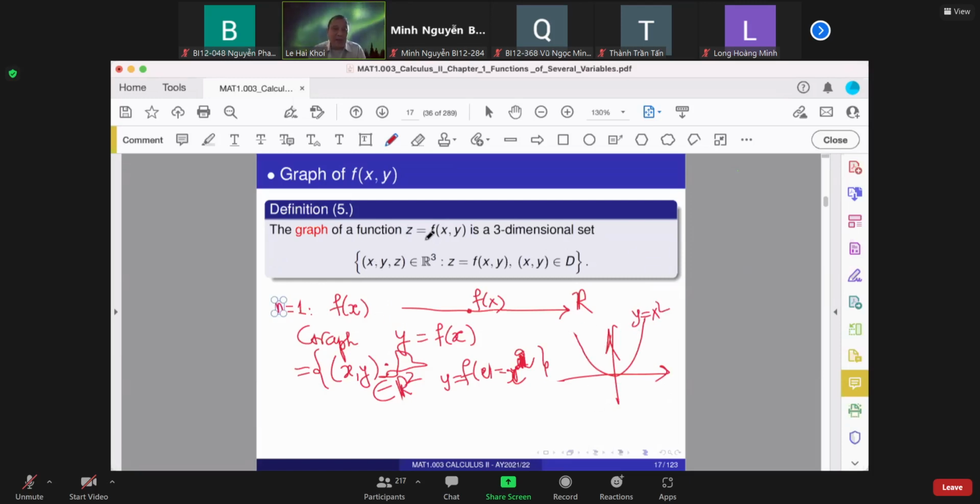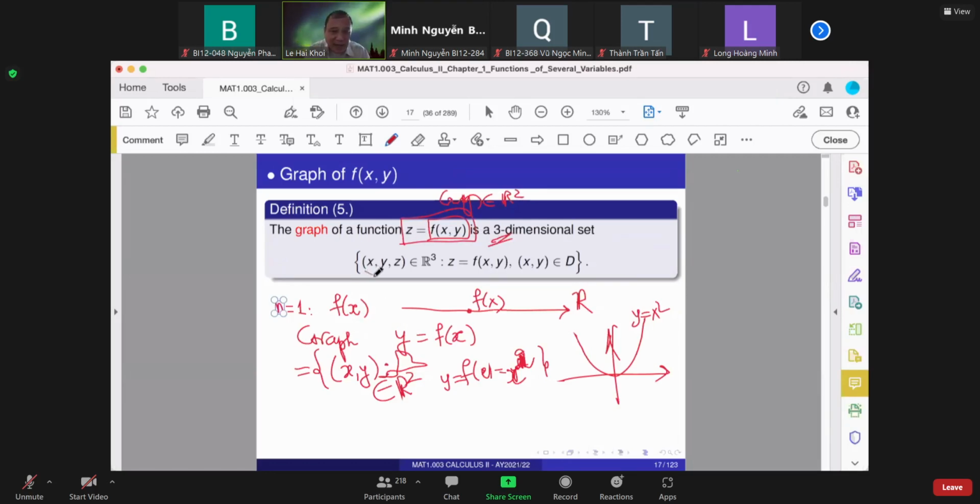The same thing for a two variable function, which means x and y in R2. For the graph, you need R3, 3 dimensions. One dimension up.